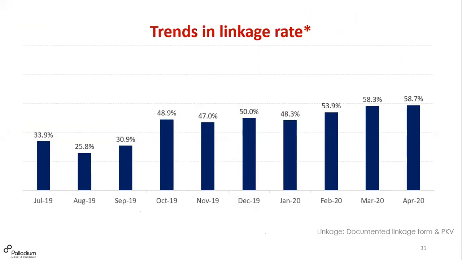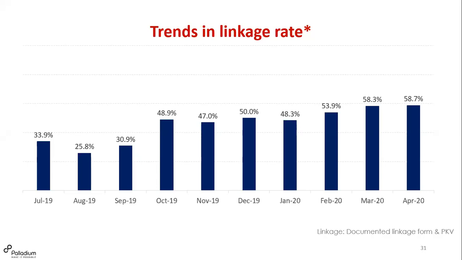So now we look at linkage, which is the second important part. And these are the trends in linkage. And this linkage is based on both a documented linkage form, but also what we are able to triangulate from PKVs of patients from HTS and CCC.